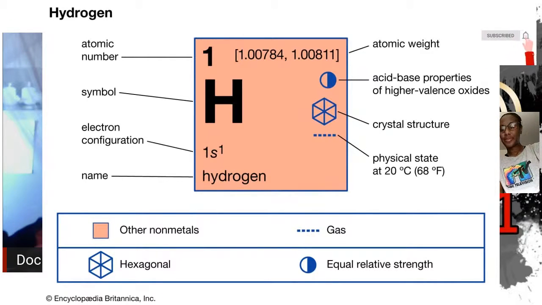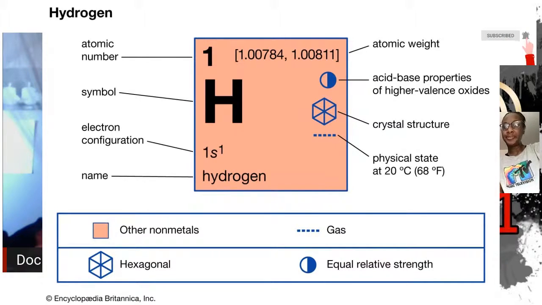Here, this one gives a little bit of extra information that you wouldn't normally find in these little cells, and that's the crystal structure. Not everything has an actual crystal structure. Sometimes it has to be assumed, speculated, or theorized based on the element's properties.